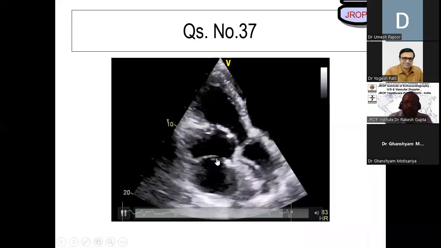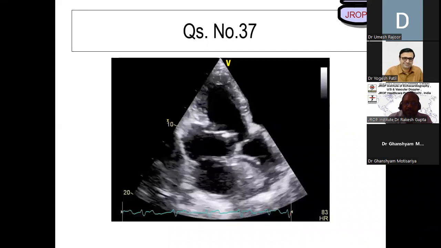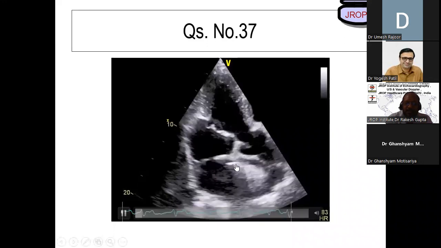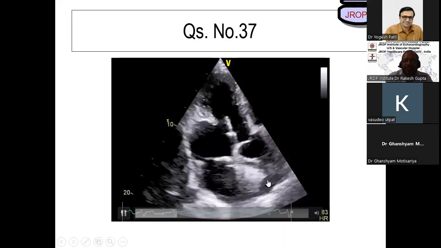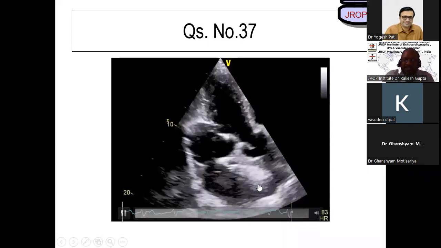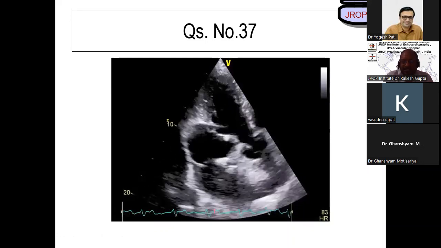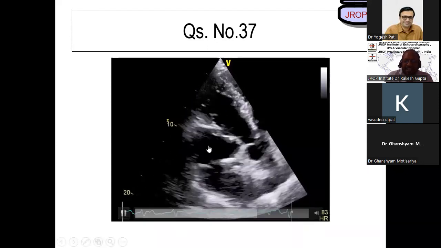A membrane in the atrium is known as what? Cor triatriatum sinister. And what more is seen over here? Clot? ASD device. No clot, an ASD device. So what happened? Somebody looked at the ASD and forgot the cor triatriatum sinister. They closed the ASD and left the membrane.